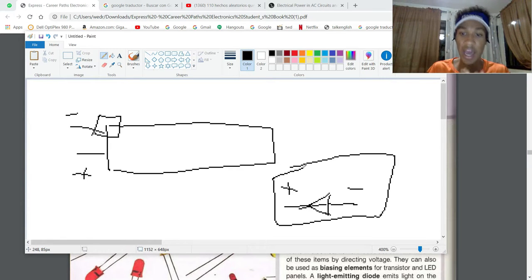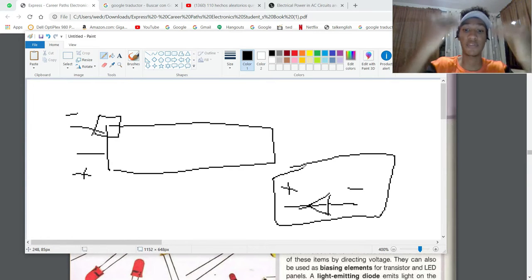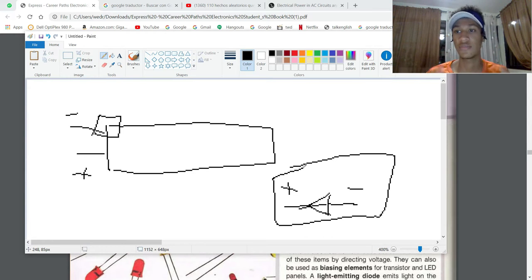So I need to put the positive and the negative. So the diode protects the circuit if I do something else. So if I want to put positive in that place, I put the diode to protect the circuit.